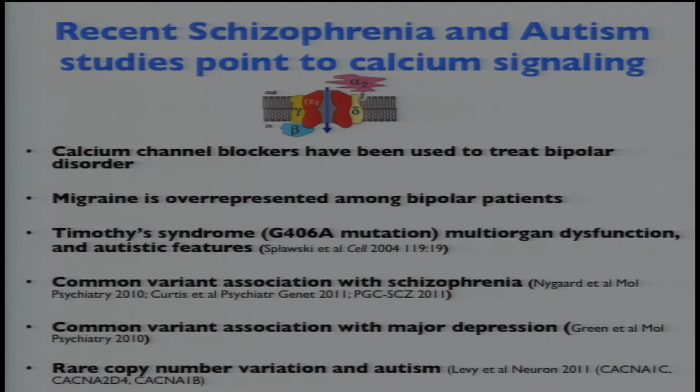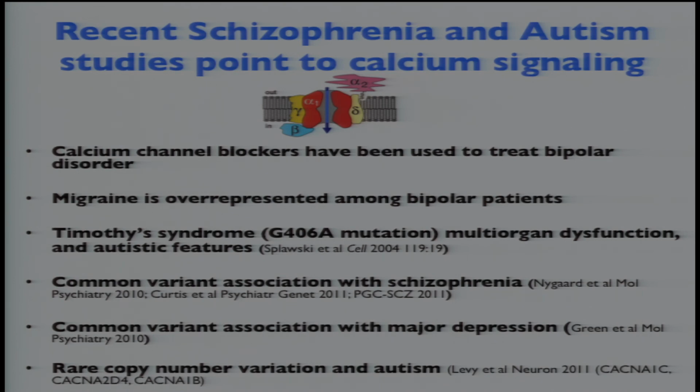So we've known for a long time that calcium channel blockers have been used with variable success to treat bipolar disorder, and migraine, of course, which has individual point mutations in some of the calcium channel genes, is overrepresented among bipolar patients. There is a rare Mendelian form called Timothy's syndrome with multiple organ system abnormalities that has familial features that resemble autism.